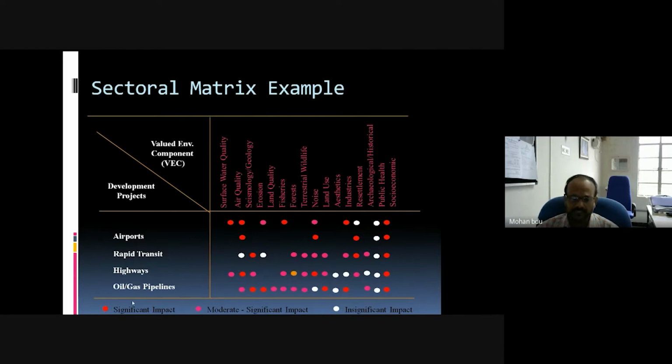If the impact is significant on ecology or air quality or water quality, then the project is considered as one which causes adverse impact, and there are likely chances of this project getting rejected, or it should come up with more mitigatory measures.